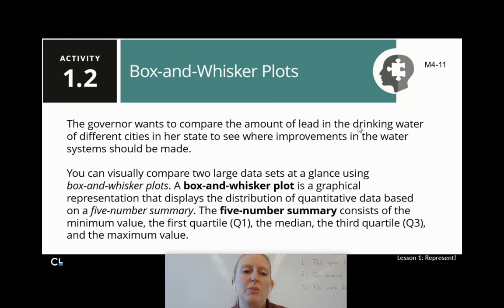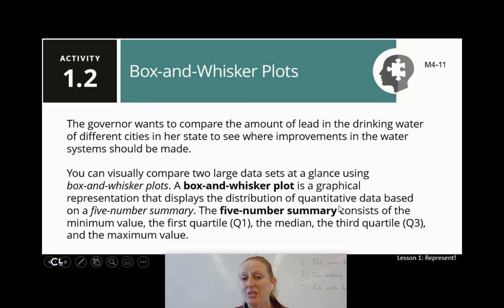So a box and whisker plot is a graphical representation that displays the distribution of our quantitative data based on what we call a 5-number summary. It's very easy to find those 5 numbers, and then once you have those 5 numbers, you use them to create a box in the middle and then whiskers out the end. It's the box and whisker plot.